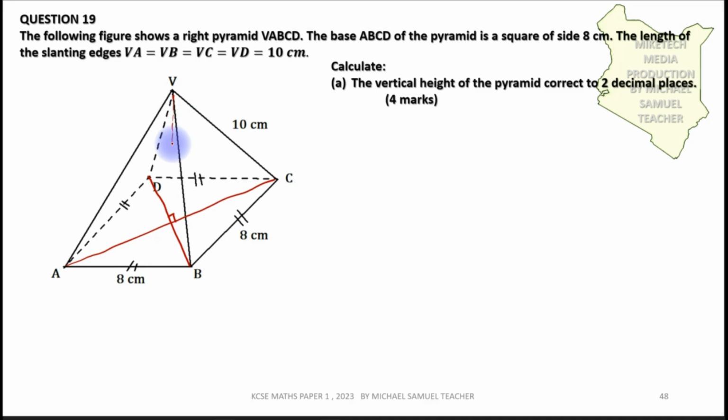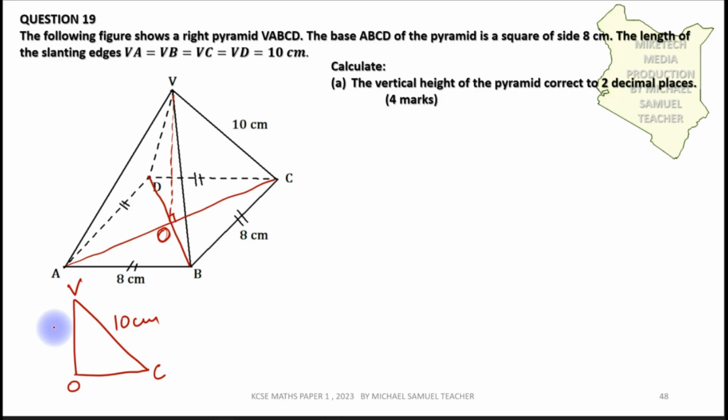Then I draw the perpendicular height or the vertical height. Let the diagonals meet at point O. Now let me just extract from this. I have point O, then C, and then V. So VC is 10 cm.